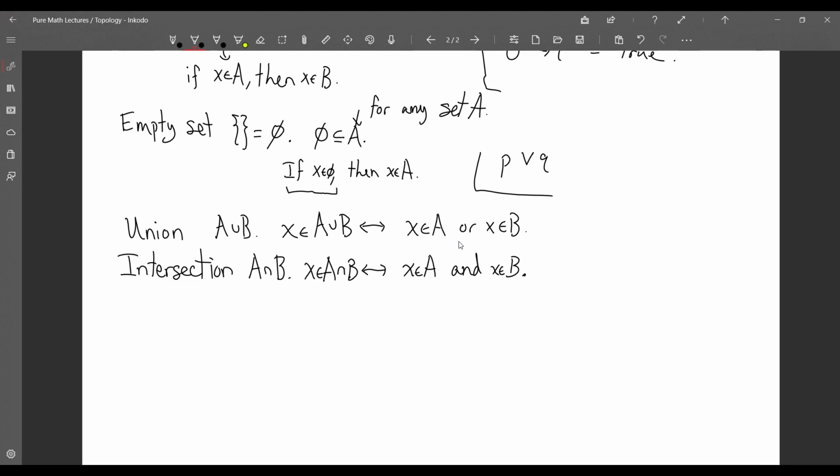There's also the complement, which has several notations across various texts.